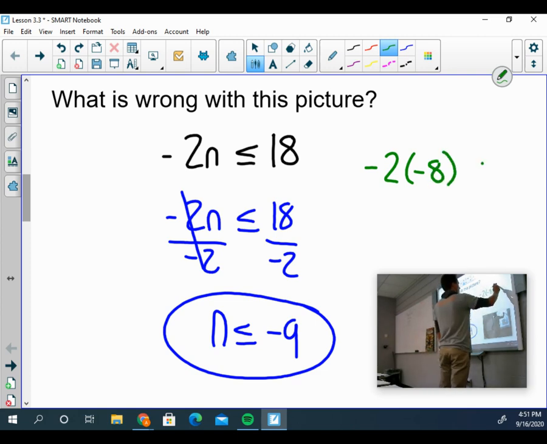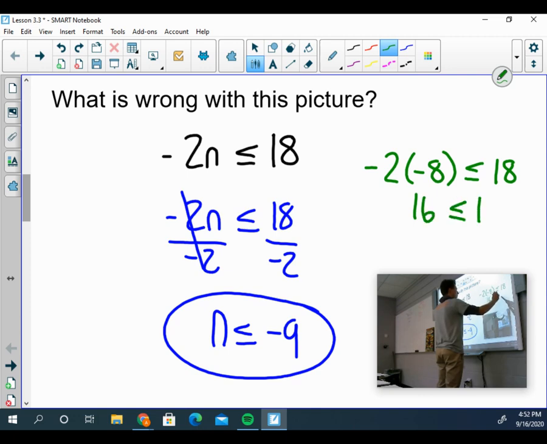And when I do this, I chose -8. When I do this and I multiply it out, I get 16 is less than or equal to 18.